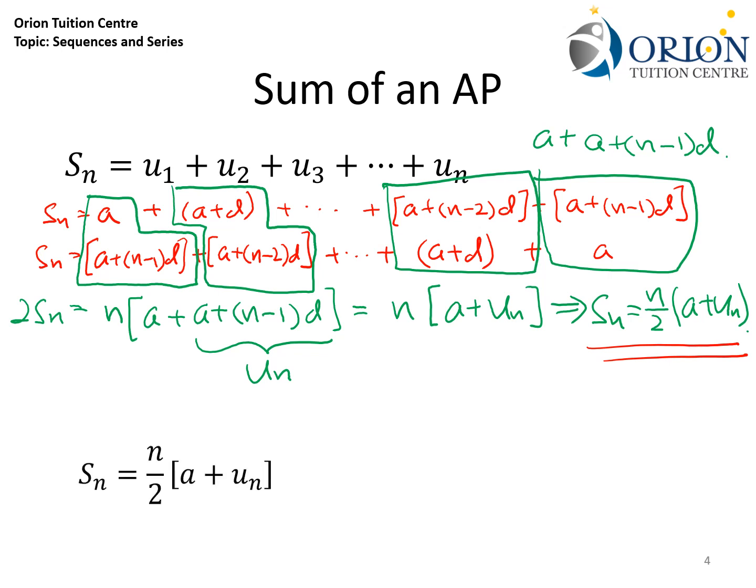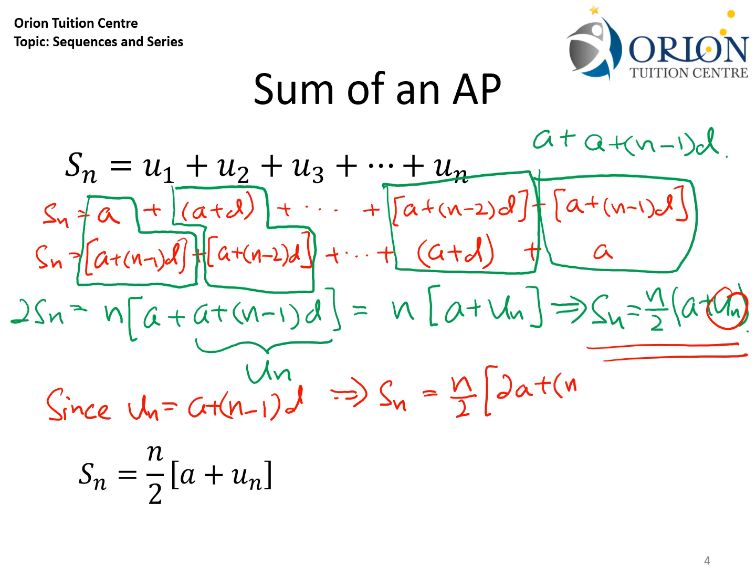Also, since we know that un is equal to a plus (n minus 1)d, we can rewrite Sn by replacing this un with a plus (n minus 1)d to give us n over 2 times (2a plus (n minus 1)d).